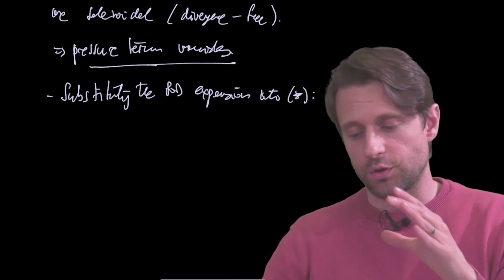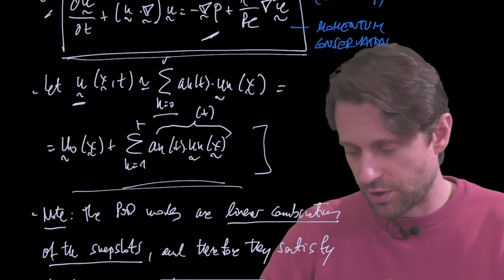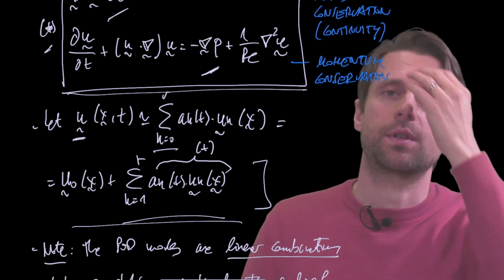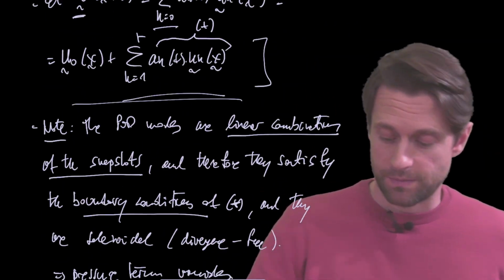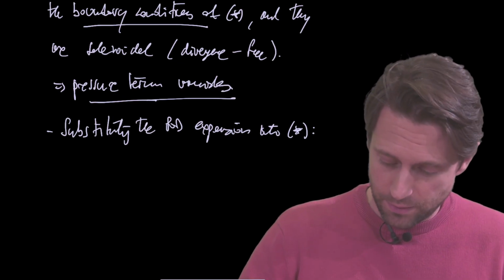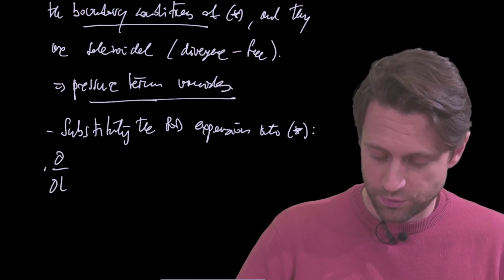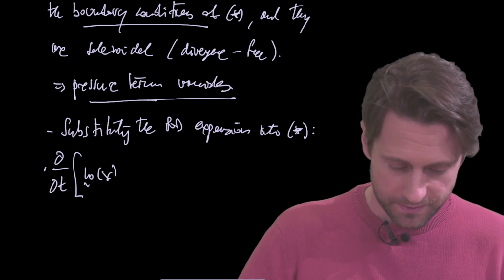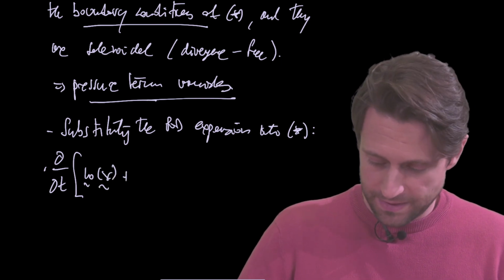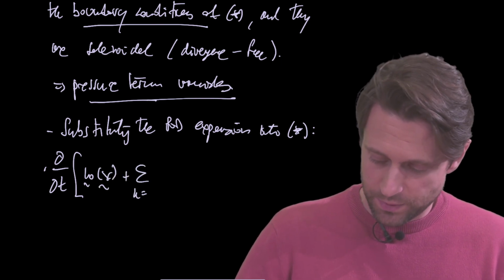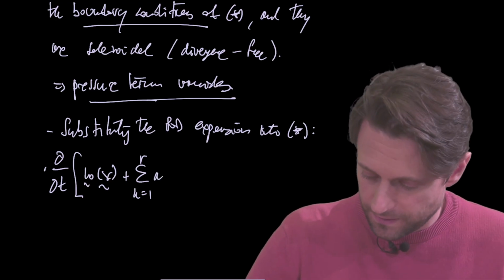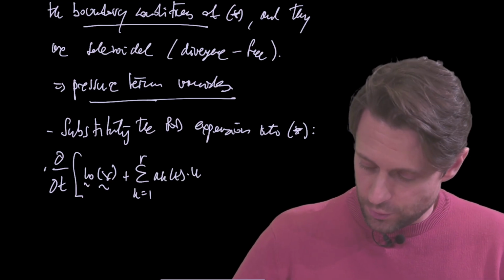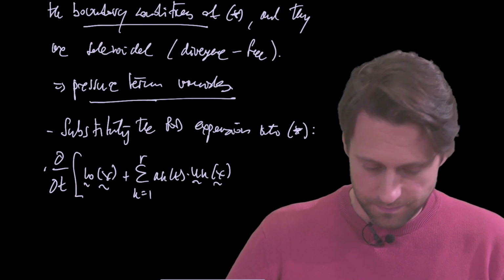I'm going to try to go term by term, put this expansion on U on each of the terms of my momentum conservation equation. So what I will get is now the partial derivative with respect to time of U0 of x plus the sum from k equals 1 to r of ak of time and uk of x.